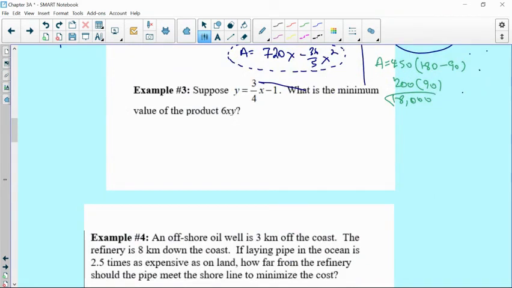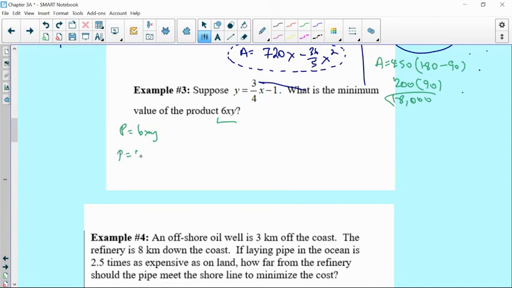But number 3 is just the bare bones of what we just did, no context. And I've seen this question on multiple choice, so I've just removed the multiple choice. They're telling you, hey, let's find the minimum product of 6xy. So you say, okay, well, here's my product, 6xy, and then they already tell you what y is, right?